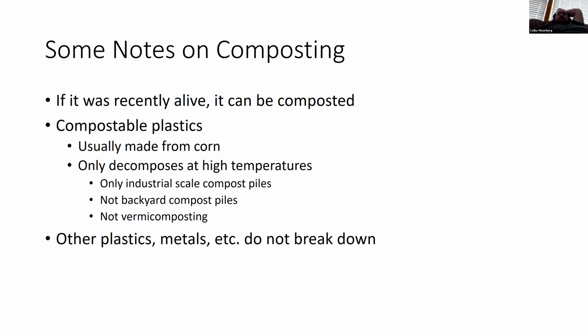Those temperatures basically need to be like 110, 120 degrees or hotter. And oftentimes in just a backyard composting bin, the temperatures won't get that hot. So only use those compostable plastics if your compost is actually destined for an industrial scale compost facility. And also, we can't feed those compostable plastics to worms, so they don't like that type of material.